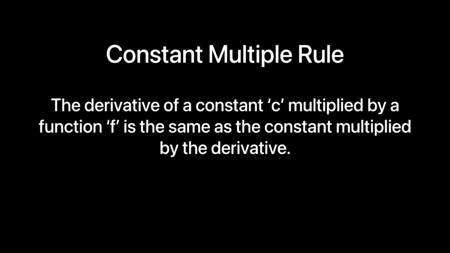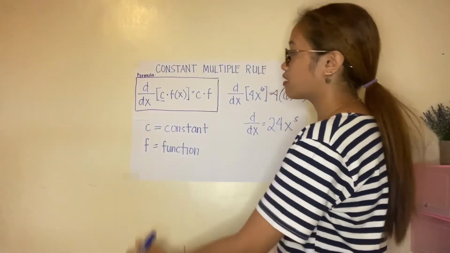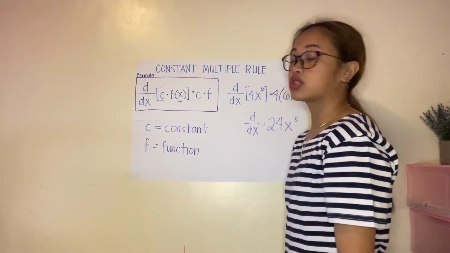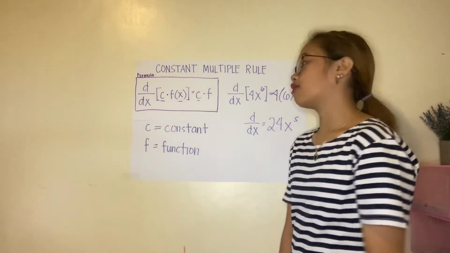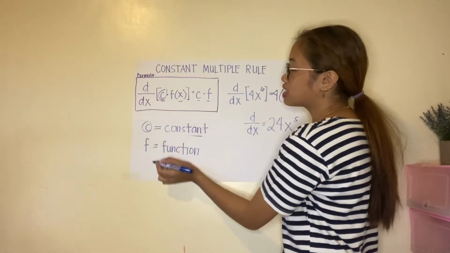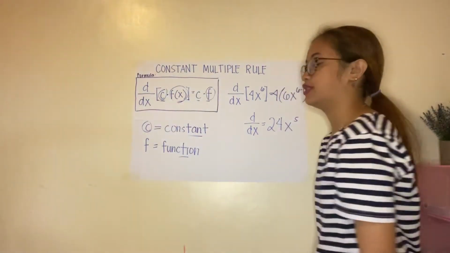Next is the derivative of a constant multiple, or constant multiple rule. The constant multiple rule states that the derivative of a constant c multiplied by a function f is the same as the constant multiplied by the derivative. The formula would be the derivative of a constant times a function is equal to the constant times the derivative of the function, where c would be our constant and f of x would be our function.